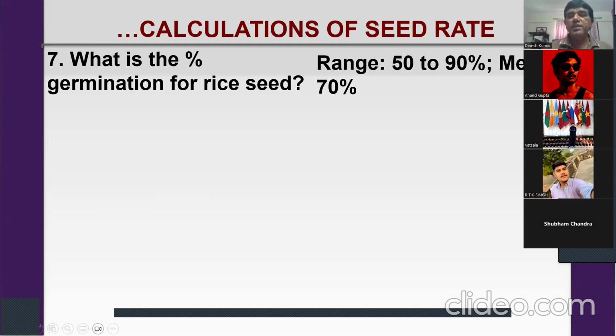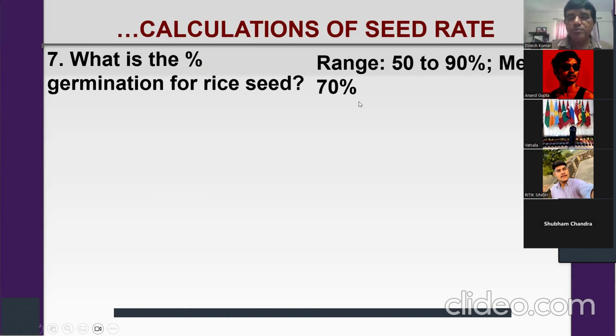So we need to know the germination percentage. Every seed bag will have a germination percentage. Normally the germination percentage in rice can be 50 to 90%. It is just a range. Consider this a hypothetical example, not the real example. So in this case, we assume that germination is 70%.